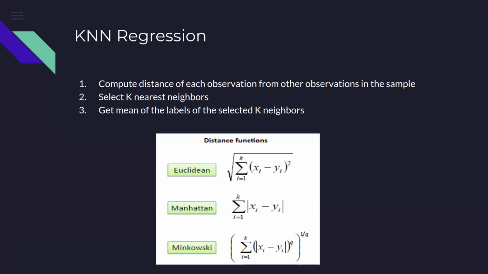So I scan through the entire data set, identify which are the most similar houses, find out the price of those houses, and then take the average of those prices. The price of the house which has come to me should be the average of the houses which are most similar to the given house. So that's the process of K-NN regression.